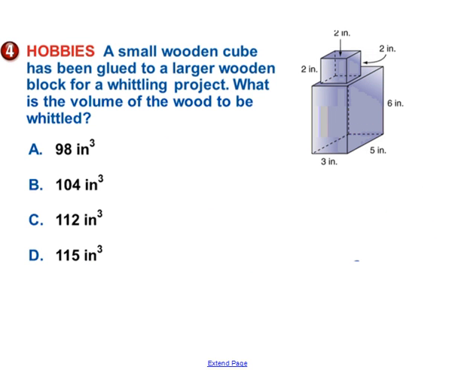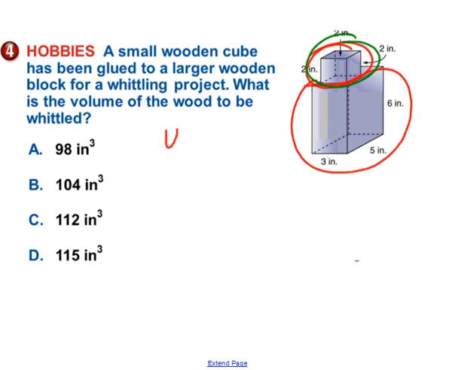Okay, looking at this one, I've actually got a composite. I've got 2 rectangular solids that are attached to each other. So I'm simply going to find the volume of each of them and add them together. The volume of the top one would be equal to the width times the length times the height, or 2 times 2 times 2, so 8 inches cubed.